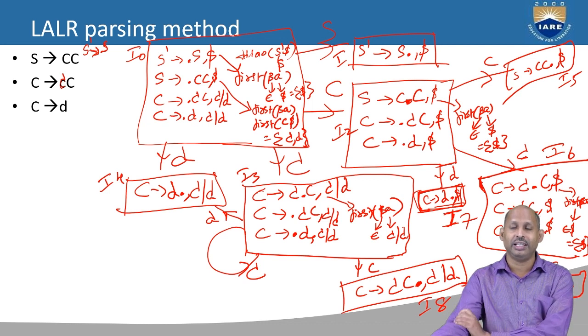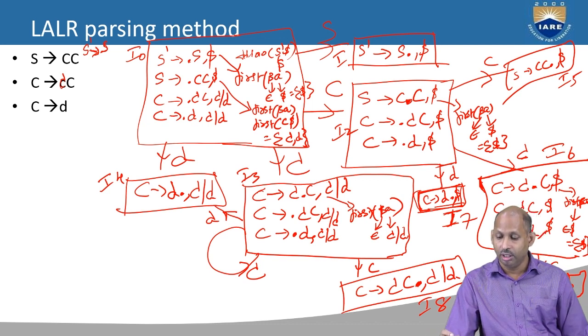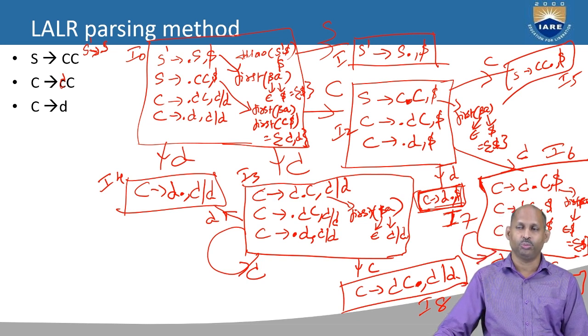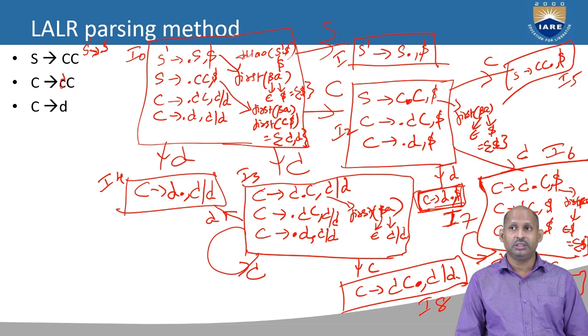Now, on small c, we'll get the same group, because terminal C capital C will become terminal C dot capital C. So you will get the same group.